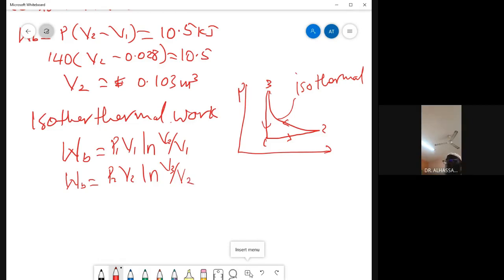So we know V2 already, and V3 and V1 are the same.